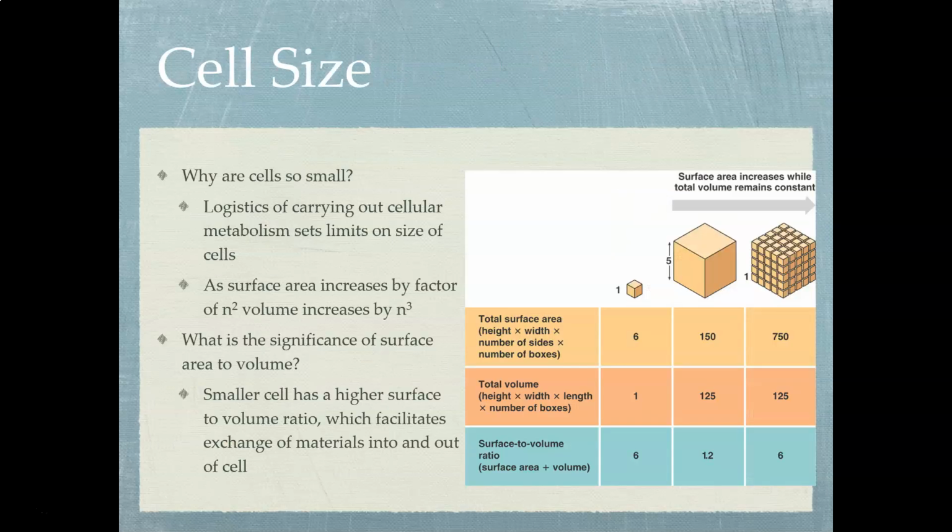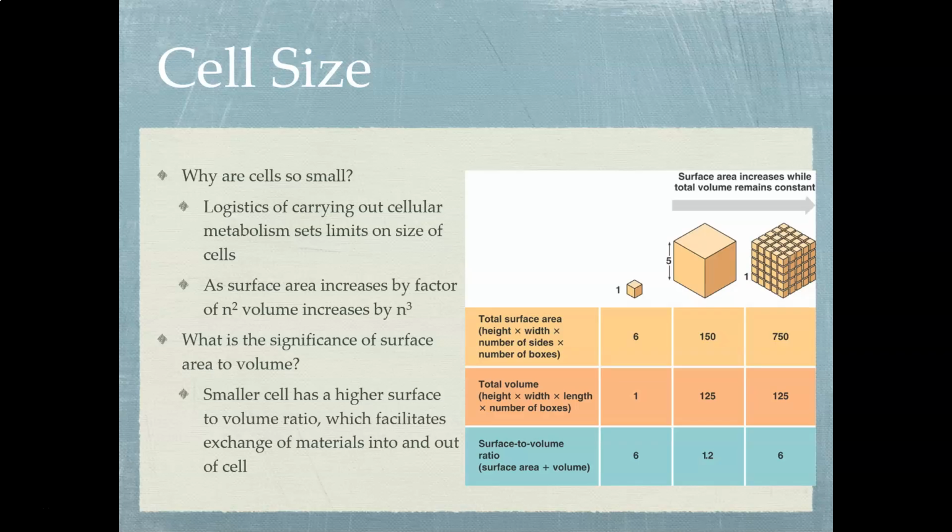Before we jump into all of that, though, let's just remember that cells, by definition, are microscopic. And the reason for that, why do those cells need to be so small, comes down to the logistics of carrying out cellular metabolism.